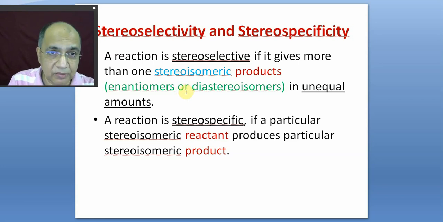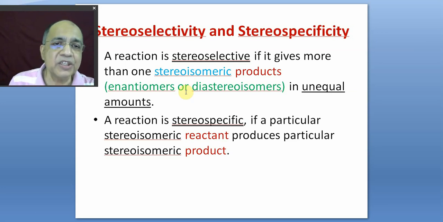Still the products can be stereoisomers. So stereoselectivity has nothing to do with the stereo identity of the reactant. But in a stereospecific reaction, not only is one of the stereoisomers formed exclusively, but also the reactant has to be unique.